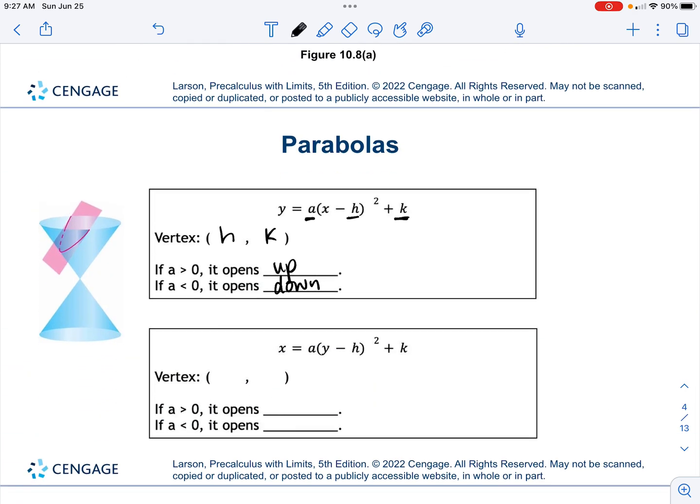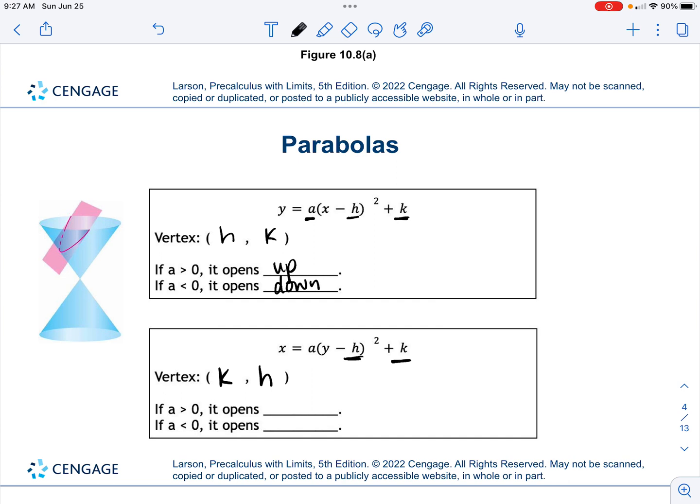The second rectangle is if it starts with x equals and the y variable is squared, your vertex is going to be similar, but you're going to take the numbers in the opposite order. So you'll start with k, and then second is h. So you still get them from the same h and k, you just flip them, k, h.